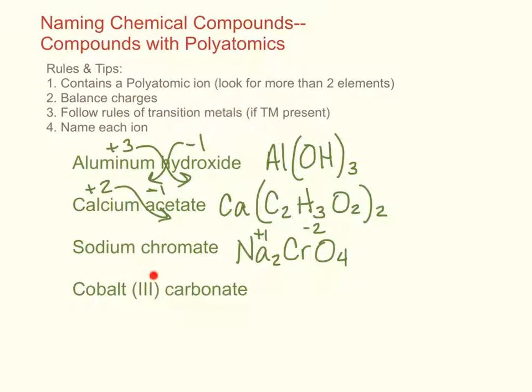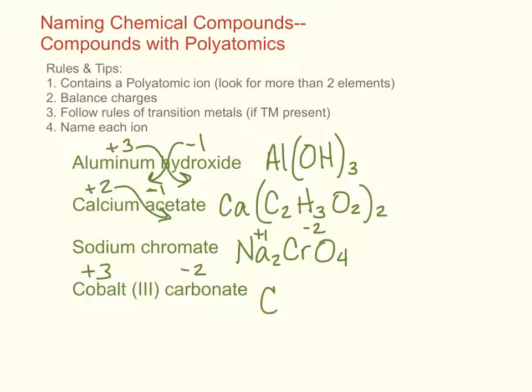Down here, I actually have this Roman numeral, so it tips me off that I have a transition metal in my cobalt. So my cobalt is going to have a +3 charge, and my carbonate has a -2 charge.